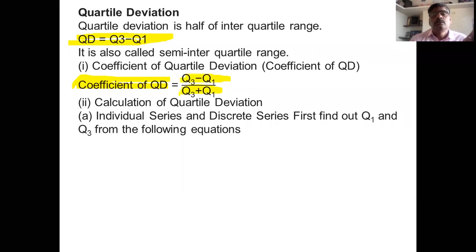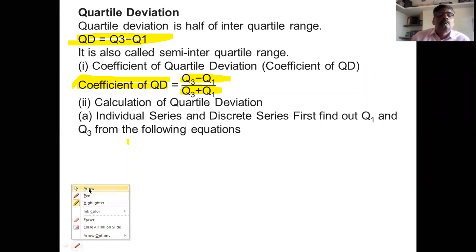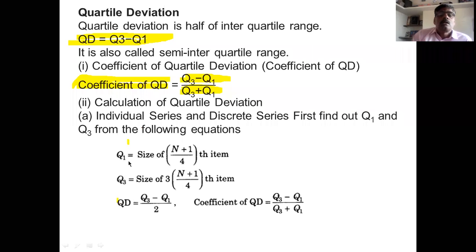So you can calculate quartiles in different ways, and the application of the quartile deviation equation is very simple. For calculating quartile deviation for an individual series, first you calculate Q3 and Q1, then apply the equations.